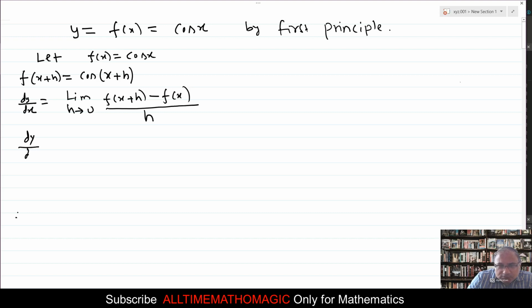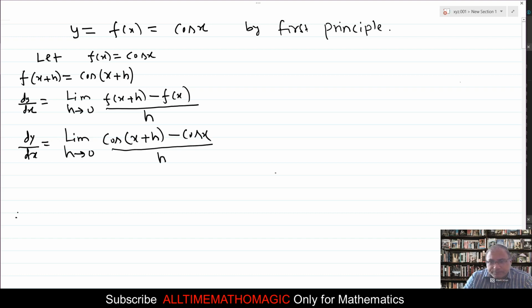So dy by dx equals limit h tending to 0 of cos(x plus h) minus cos x upon h. Now let us revise the formula for cos c minus cos d. Cos c minus cos d equals minus 2 sin of (c plus d) by 2 times sin of (c minus d) by 2.